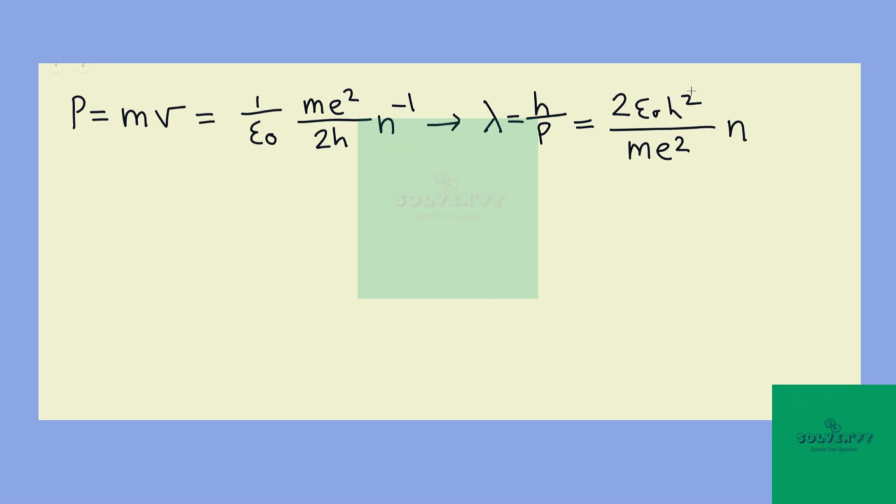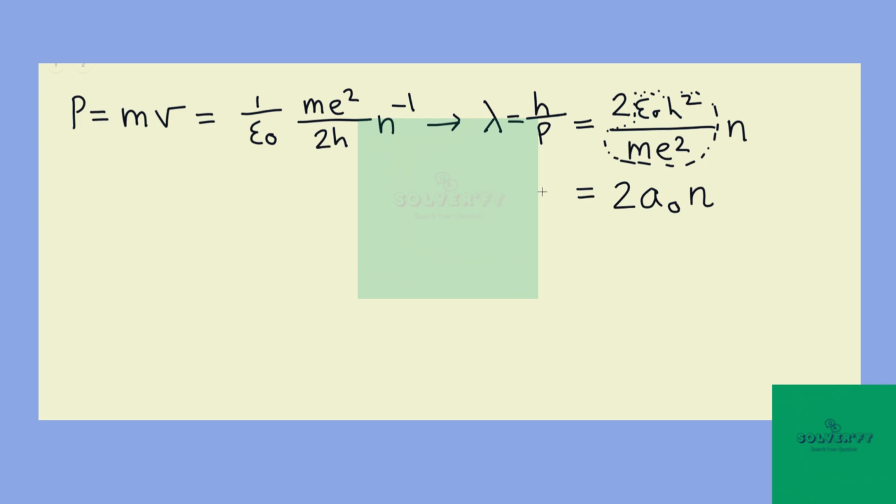And if we're clever, we can recognize that this expression right here is the definition of the Bohr radius. We wouldn't necessarily need to know this to solve this problem, but it's a little bit simpler. We don't have to do big computation at the end. So if we recognize this early, this will save some time.